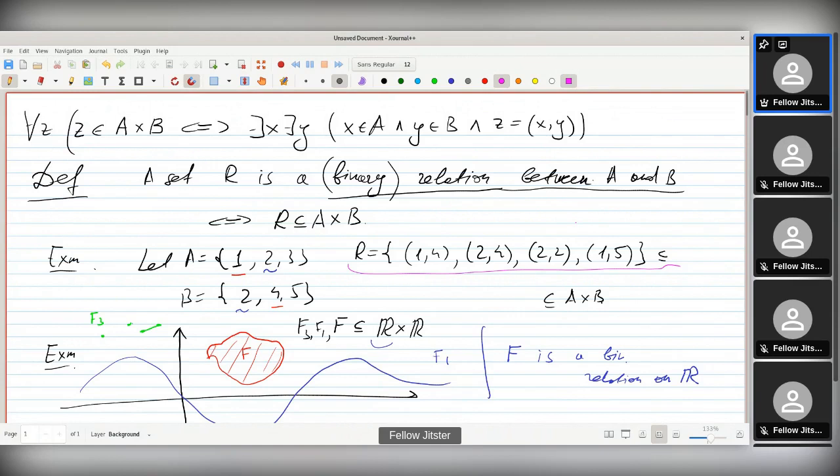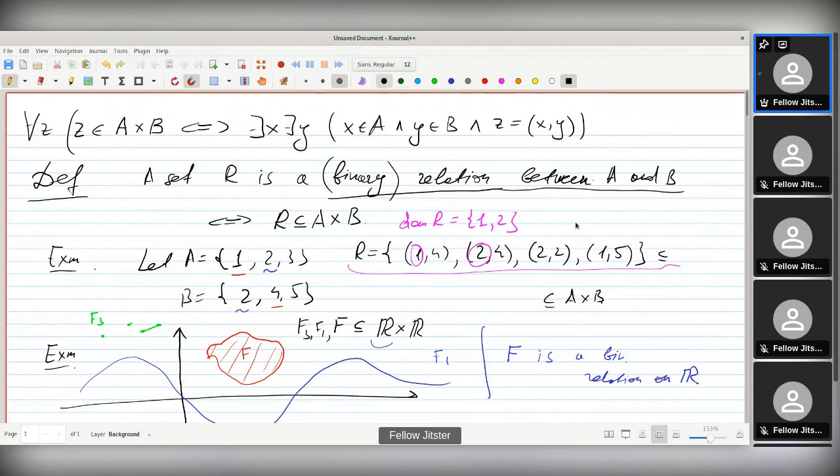Look, what about 1? 1 is clearly a first coordinate in this pair and this one alike. So the domain of R clearly contains 1. Also, it contains 2. And that's all. All the other pairs have either 2 or 1 as their first coordinates.